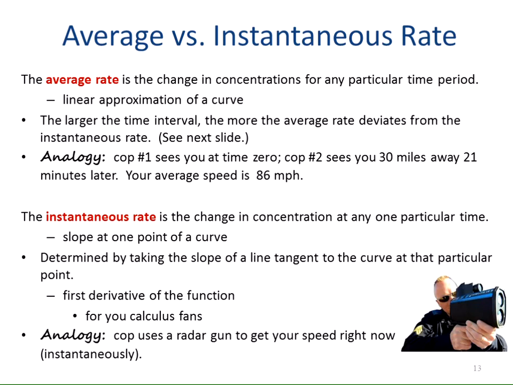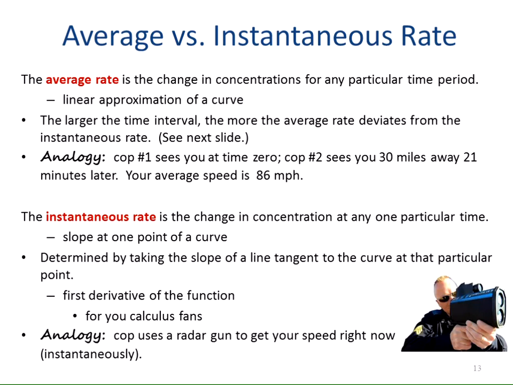But the cop knows that you've actually been speeding because it's 30 miles between the two bridges, and you pass 21 minutes later, and your average speed is 86. So even though he couldn't say with a speed gun that you were going faster, he knows by your average speed that you had to be going at least 86 at some point, and you were going above the speed limit, and so you got a ticket. That's kind of what the average rate is like.